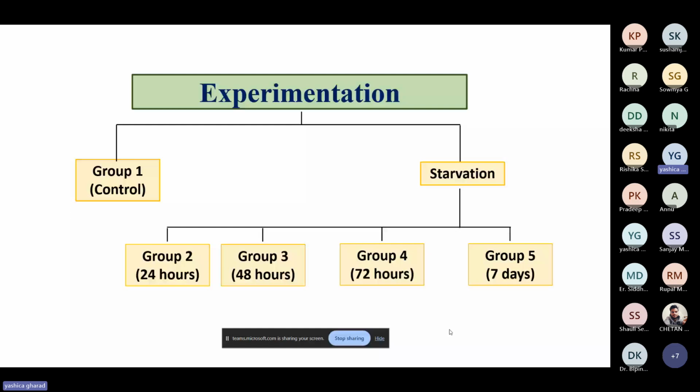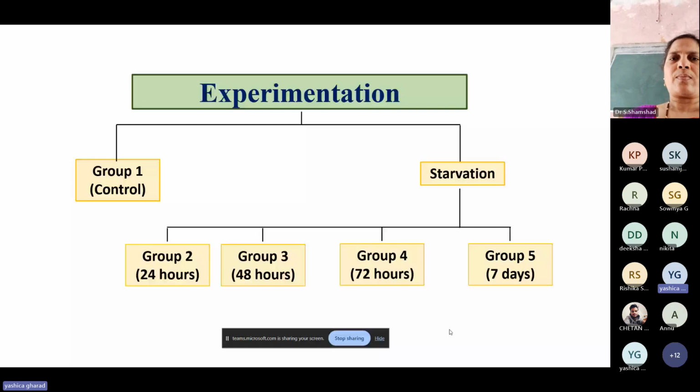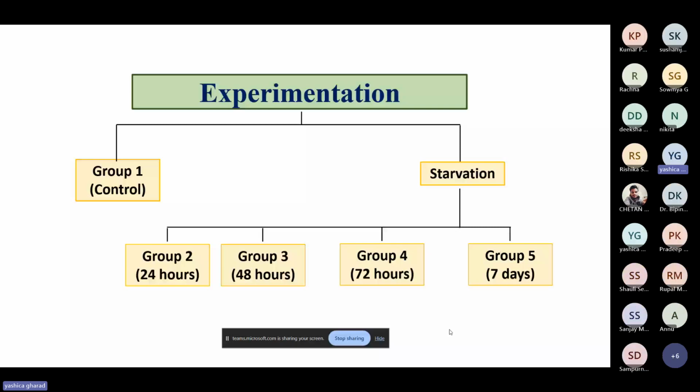Group 1, the control group, continued receiving food once a day throughout the experimentation, while group 2 were starved for 24 hours, group 3 for 48 hours, group 4 for 72 hours, and group 5 for 7 days, and the gut samples were collected.